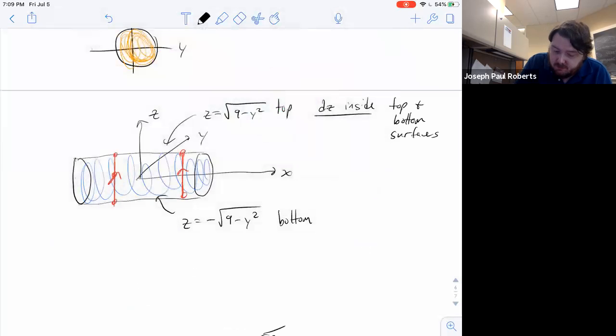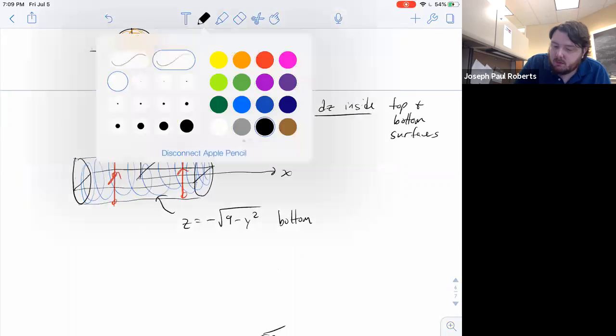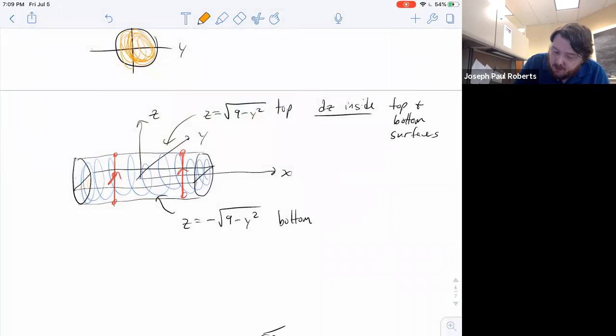So let's see if I could draw that. The widest part of this cylinder, of course, is in the middle. And so the XY shadow, just imagine taking a cylinder. When you have the shadow this way, you get a disk as the shadow. But if you look at your cylinder like this, it looks like a rectangle, right?